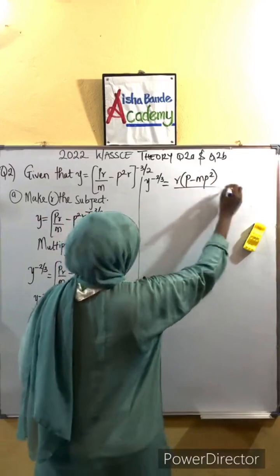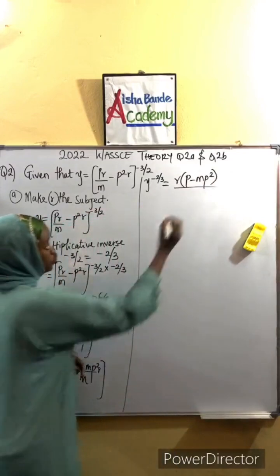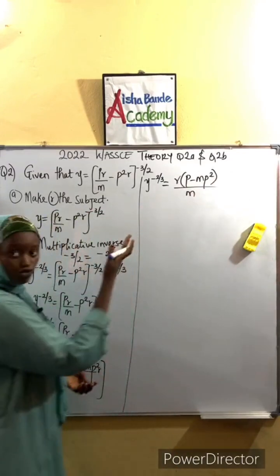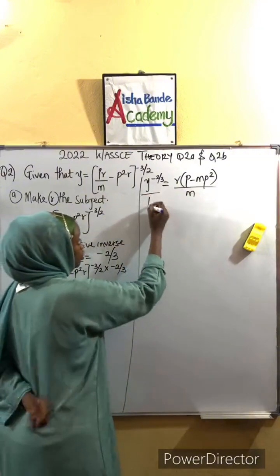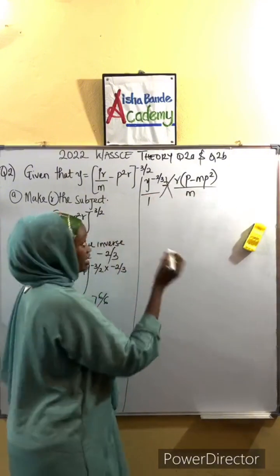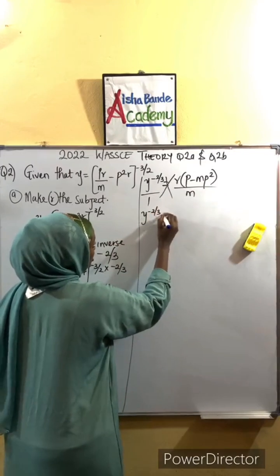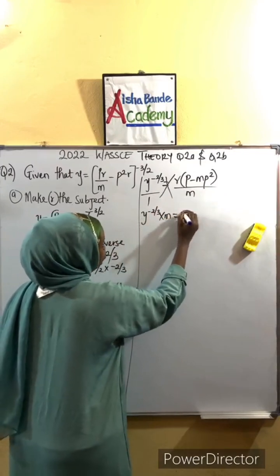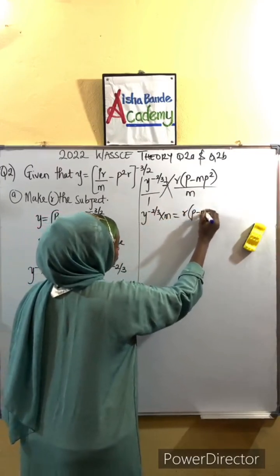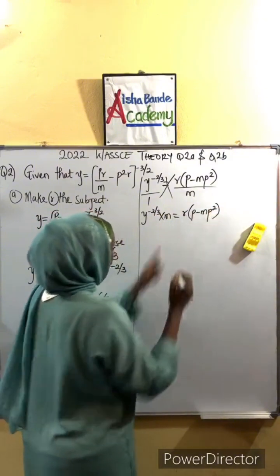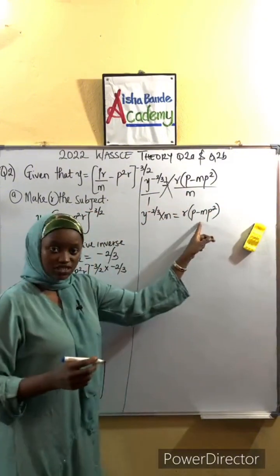We close the bracket, all over what we have at the denominator, which is m. This is the same thing as saying over 1, so we can easily cross multiply. And so we have y raised to the power minus 2 over 3 times m is equal to r (p minus mp squared). This times 1 still gives us the same value.